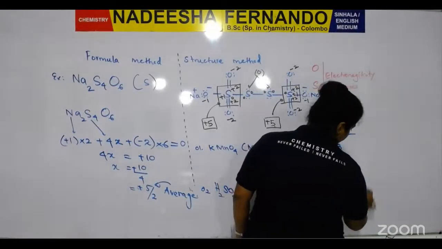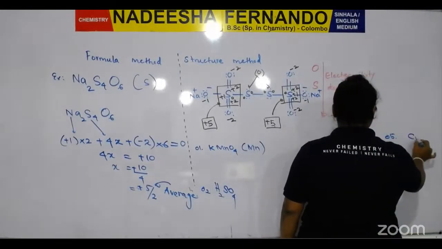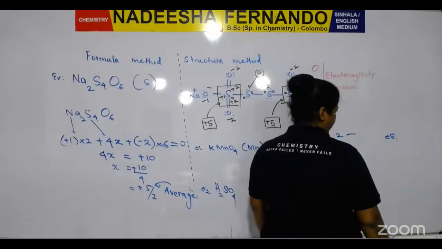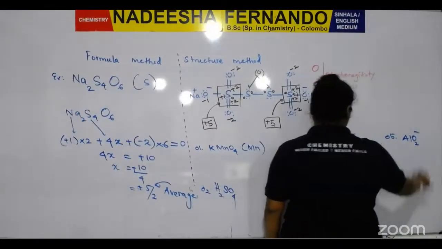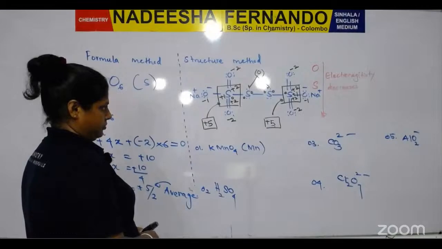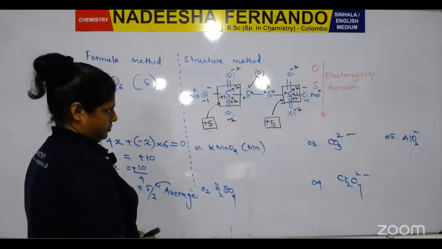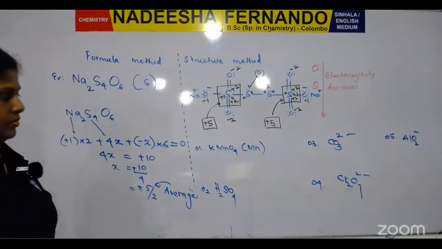Cr2O7 2 minus, and as a fifth one, I'll give a different one, aluminate. Right, this thing.